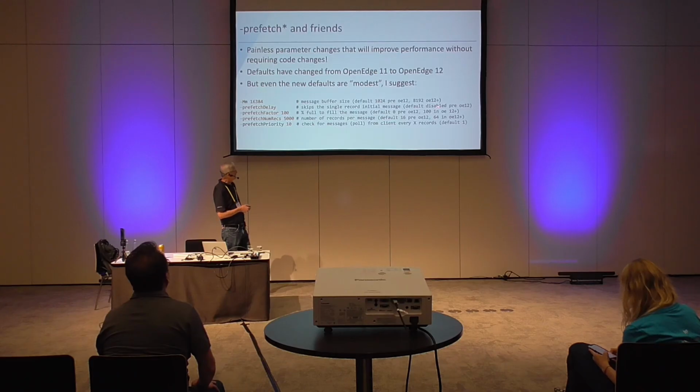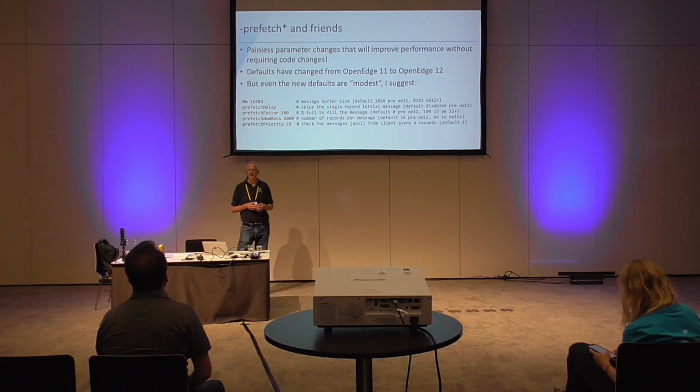Numrex, so the default is 64 in OpenEdge 12, but I think that is way too low. If you have a large message, so you've got a 16K message, 5,000 is perfectly fine as a target. Remember, it's not requiring you to put 5,000 records in there. It's just limiting you to 5,000.